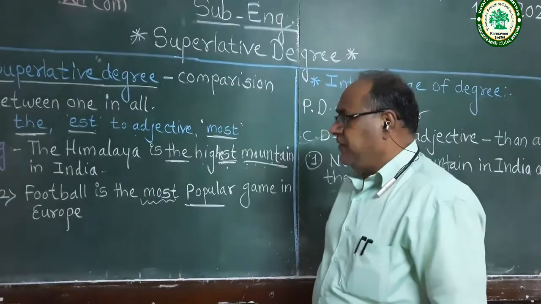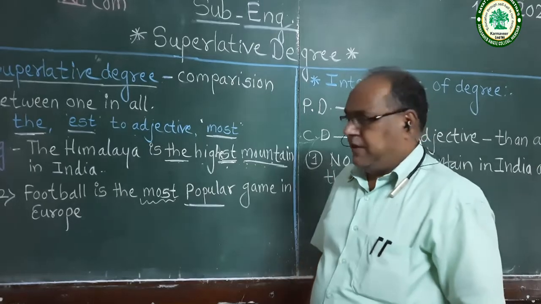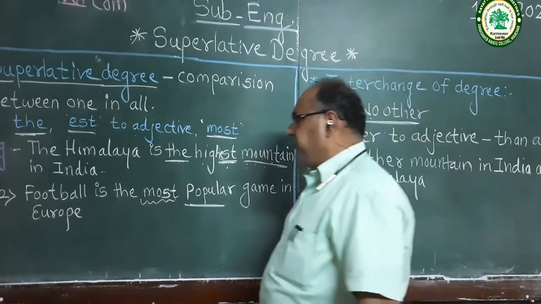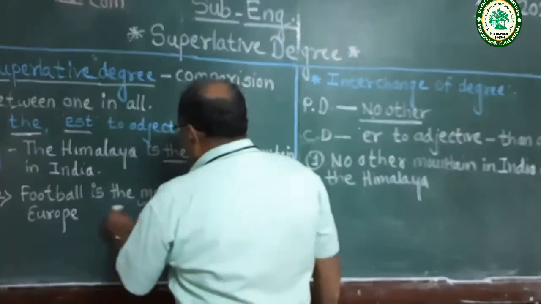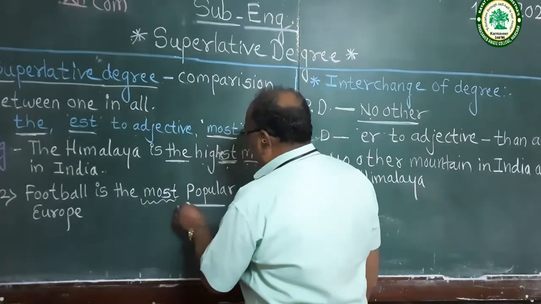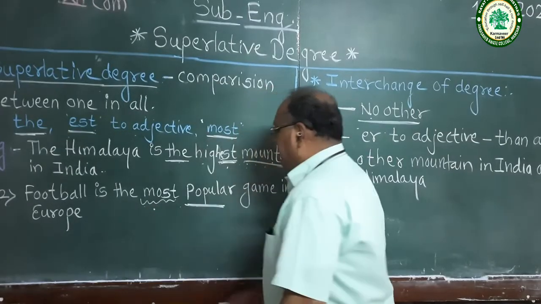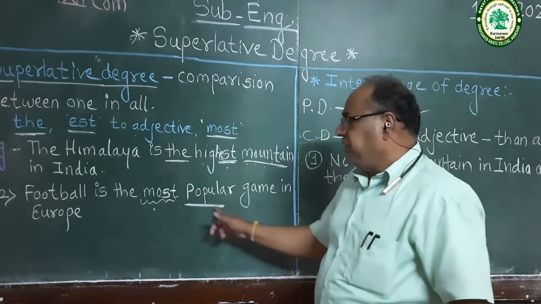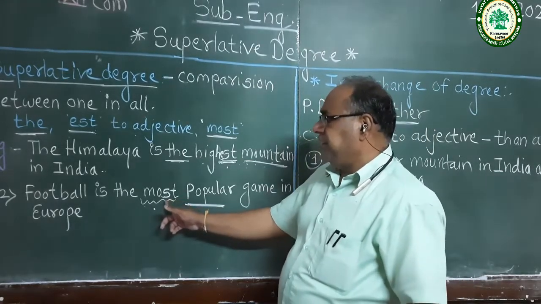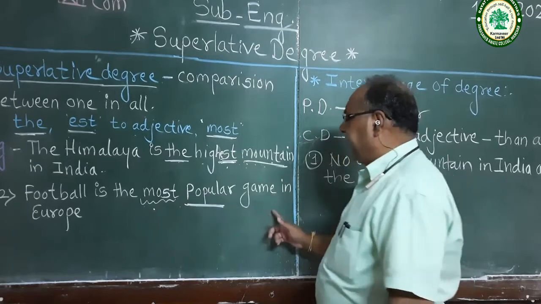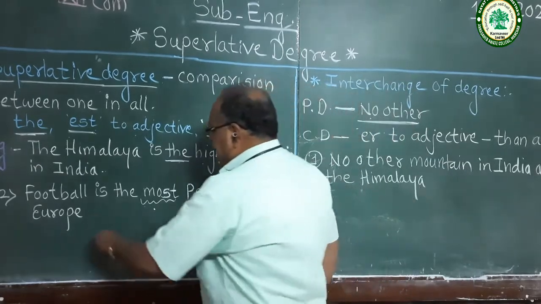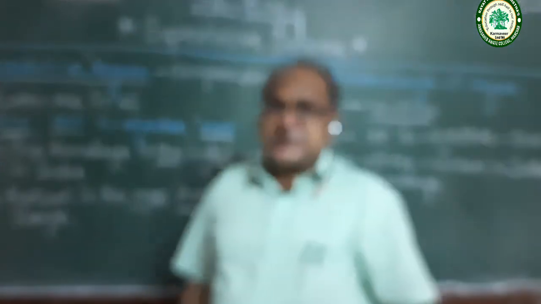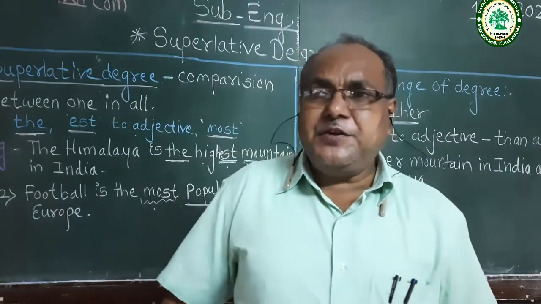So this is one example of superlative degree. One more example we are going to discuss. Football is the most popular game in Europe. Look here, before the adjective most is used, because we cannot add est to popular, and that is why most is used before the adjective. In this way we can frame sentences in superlative degree forms.